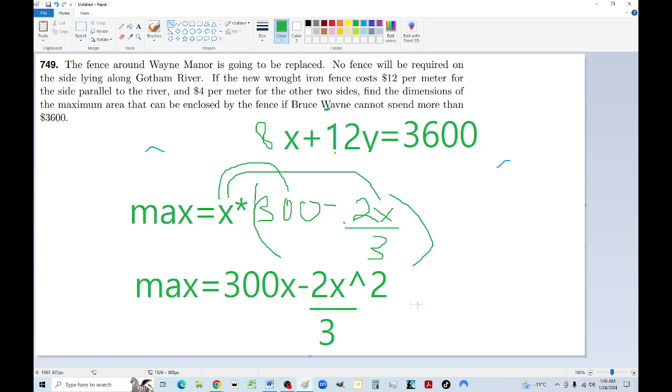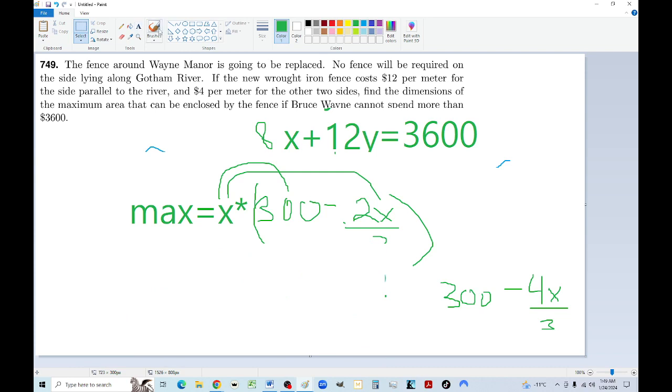Great. Now we just take the derivative of this. The 2 comes down in front times the minus 4, so you get minus 4x over 3. And the derivative of this is just 300. That's the derivative of that.